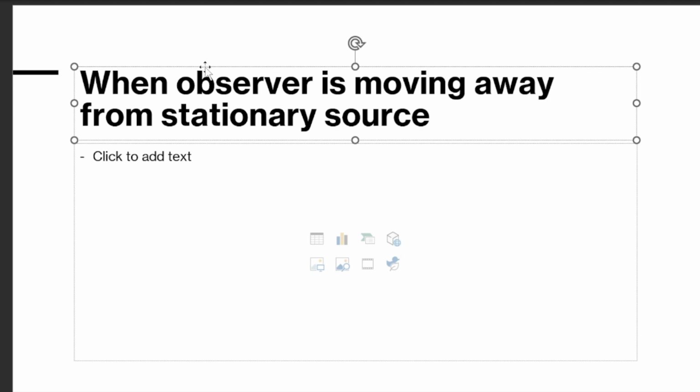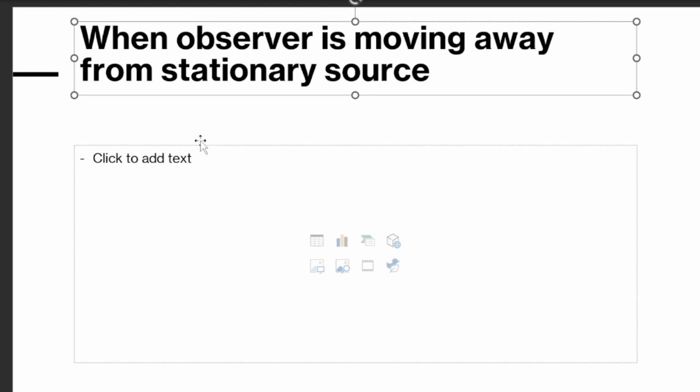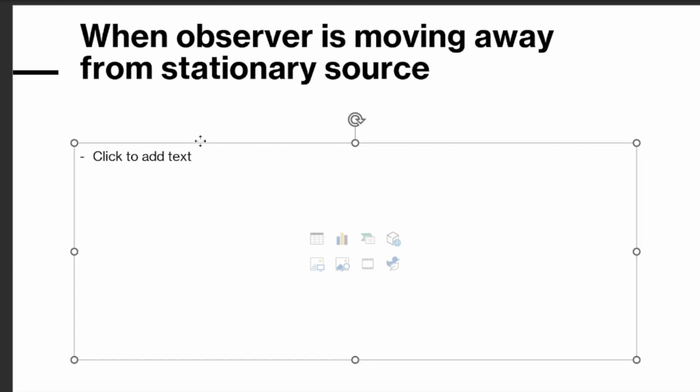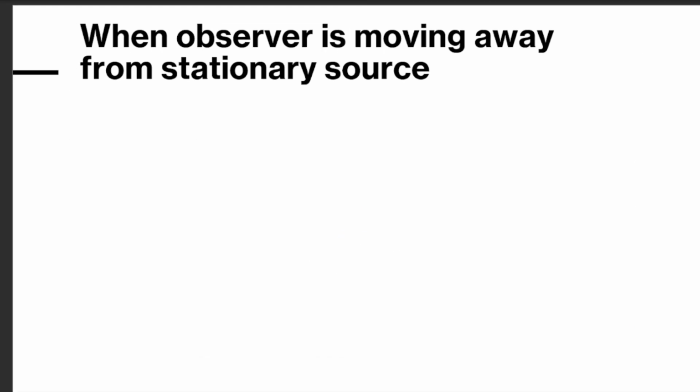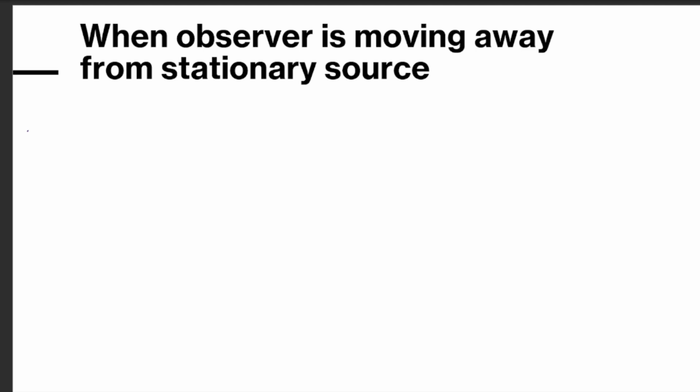When the observer is moving away from the stationary source, the only change we can make here is in the relative velocity.